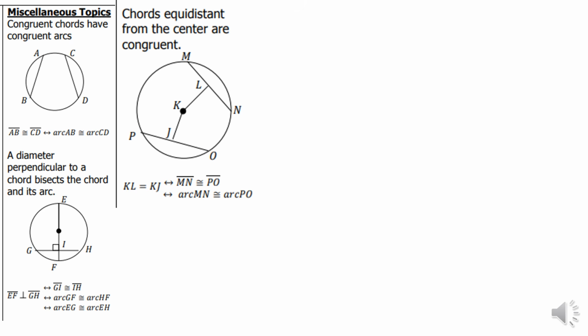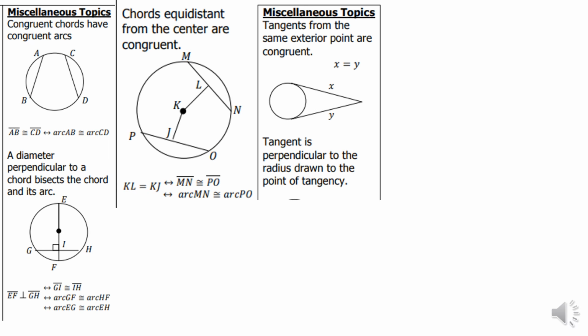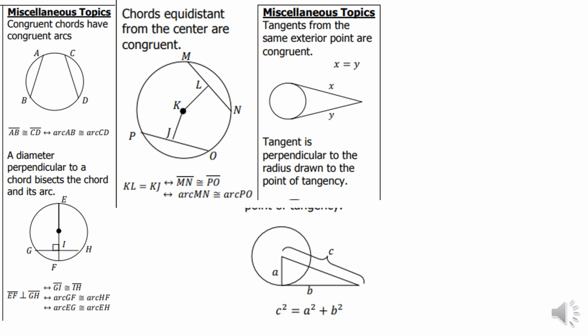So in that case, JK and KL are going to be equal to each other. If you have two tangents from the same point, they are going to be congruent to each other. And the tangent is always going to be perpendicular to a radius. And you can also use that to do your Pythagorean theorem.